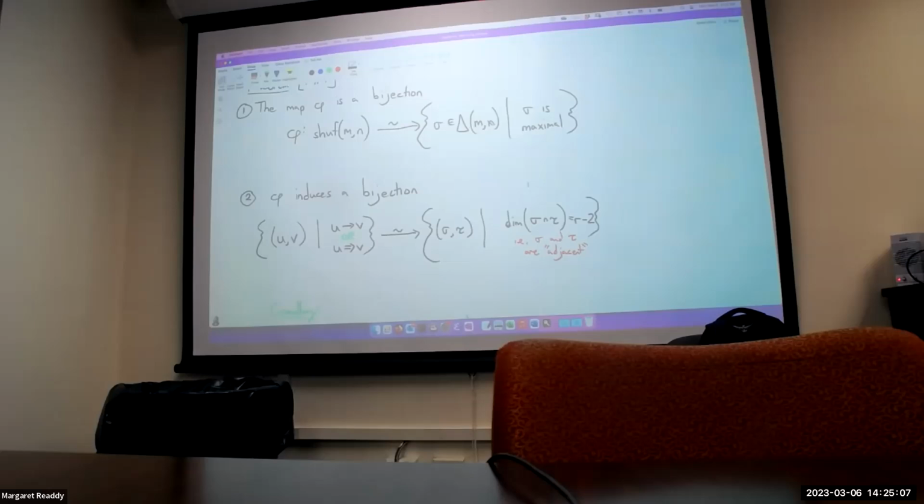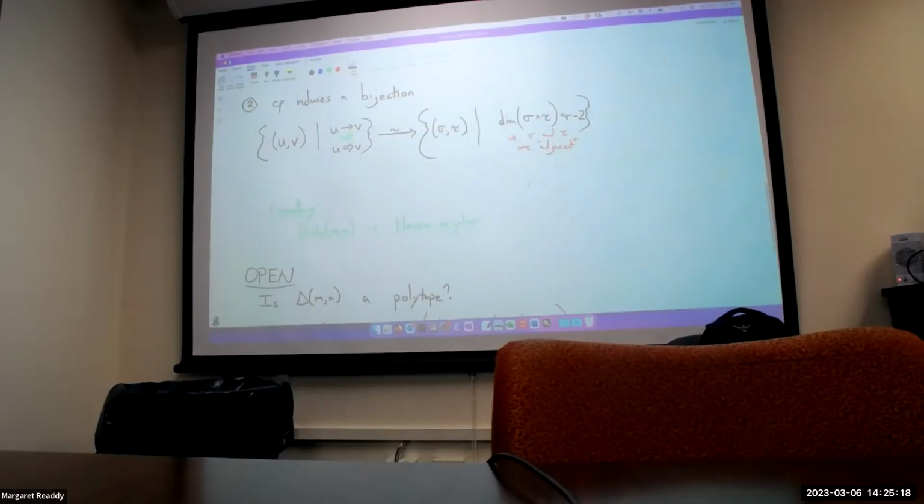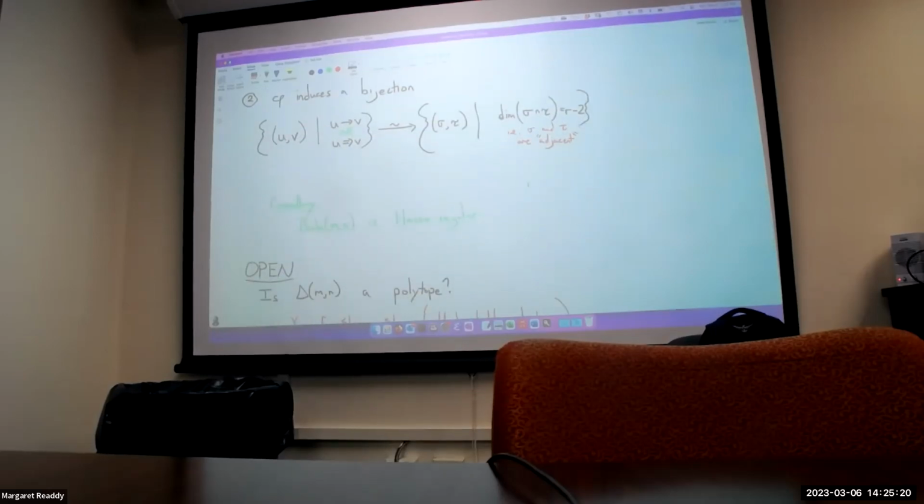So it's sort of sending the cover relations to edges in the dual graph of the complex. This means that the bubble lattice is Hasse regular. So this is a really roundabout way to say that the bubble lattice is Hasse regular. That's just witnessing this sort of thinness of the simplicial complex.